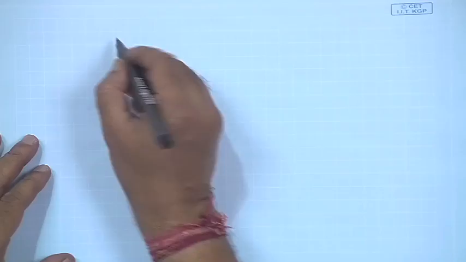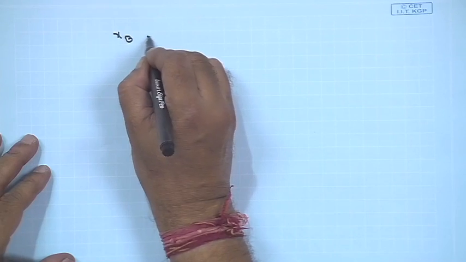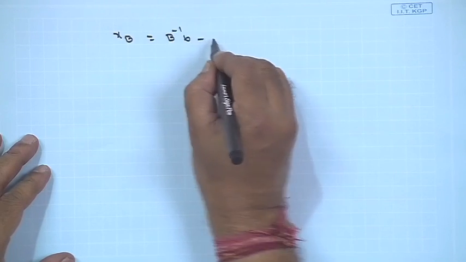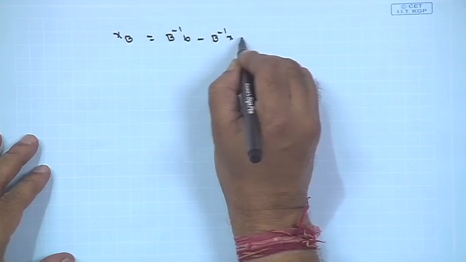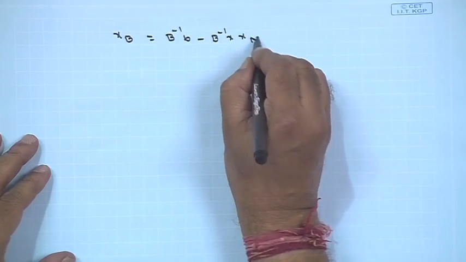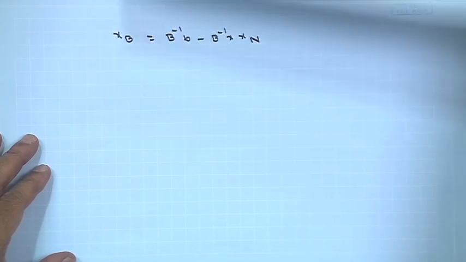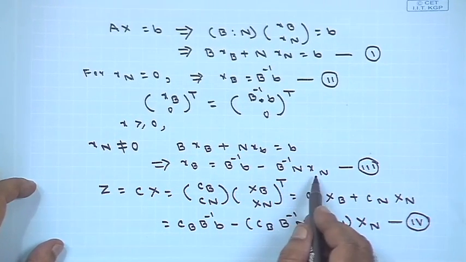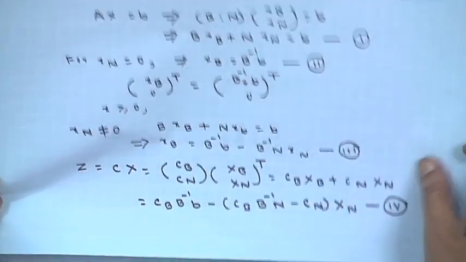Now, your x_b is B inverse b minus B inverse N x_n, which I got in equation 3. In equation 3 you got x_b equals B inverse b minus B inverse N x_n.